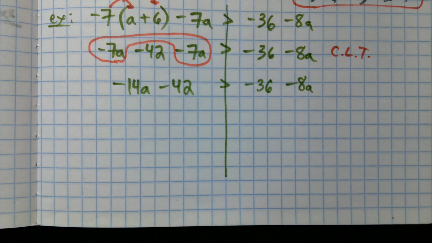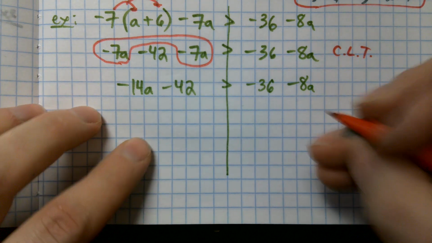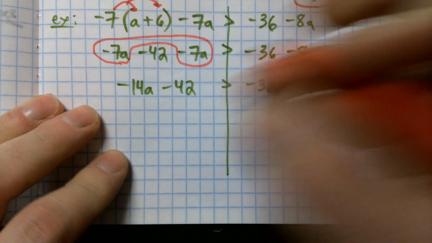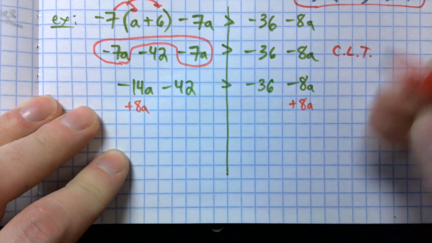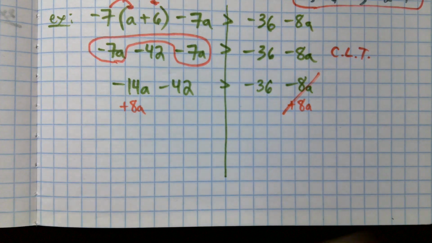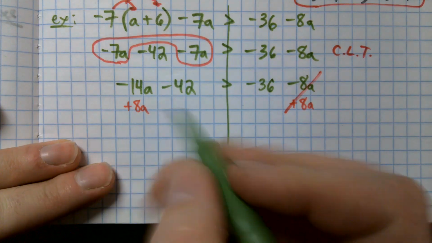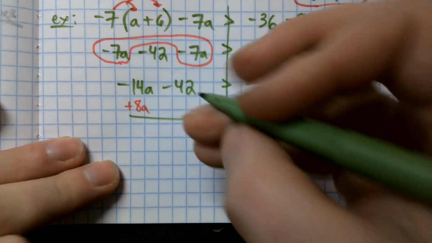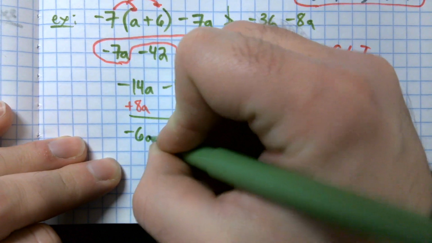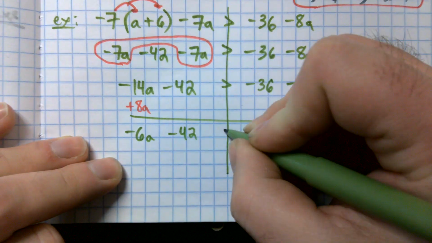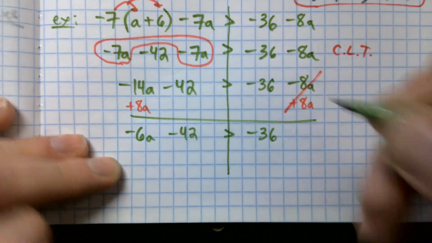What do I do now? Then you add the 8A. Now I'm going to bring my variable to the left by adding 8A to both sides. I get negative 6A minus 42 is greater than negative 36.